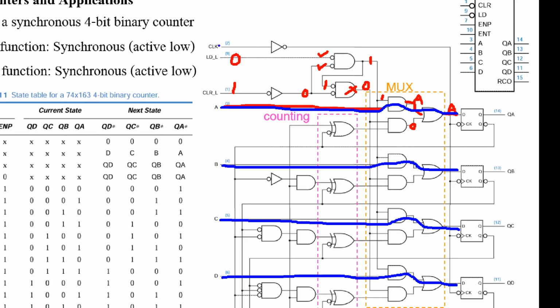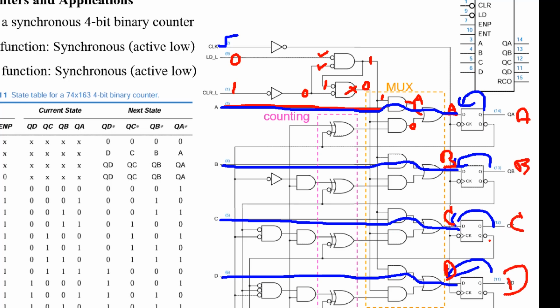So that means when the clock ticks, each flip-flop will read its input data and update. You see A, you see B, C, and D, right? So the output will update to A, B, C, D, or load.